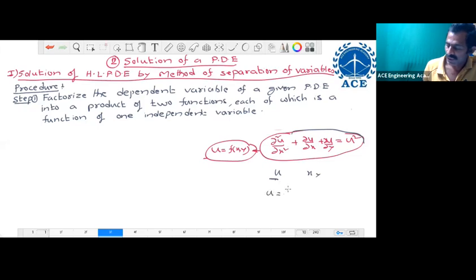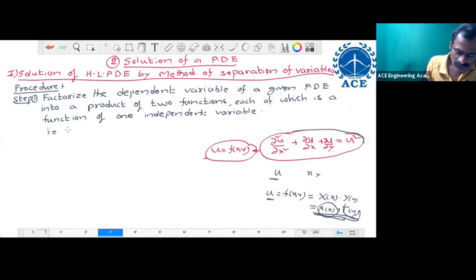That is, u equal to f of x, y should be written as a function of x into a function of y, or X of x into T of y, like this. We should write the dependent variable u as a product of two functions, each a function of one independent variable only. It is the first step. That is, u of x, y equals X of x into T of y.